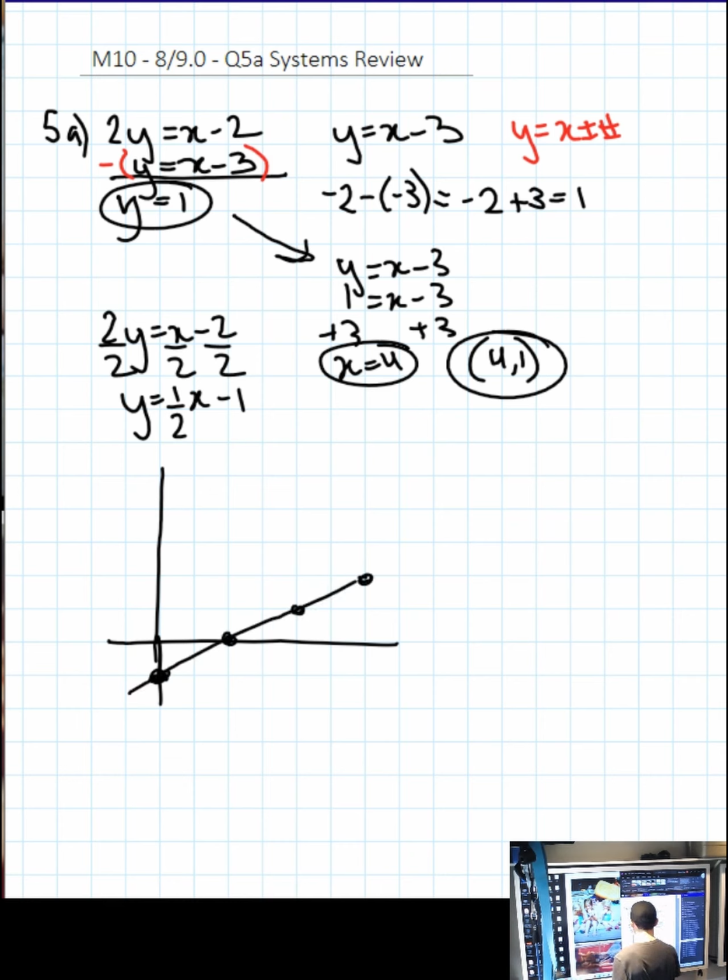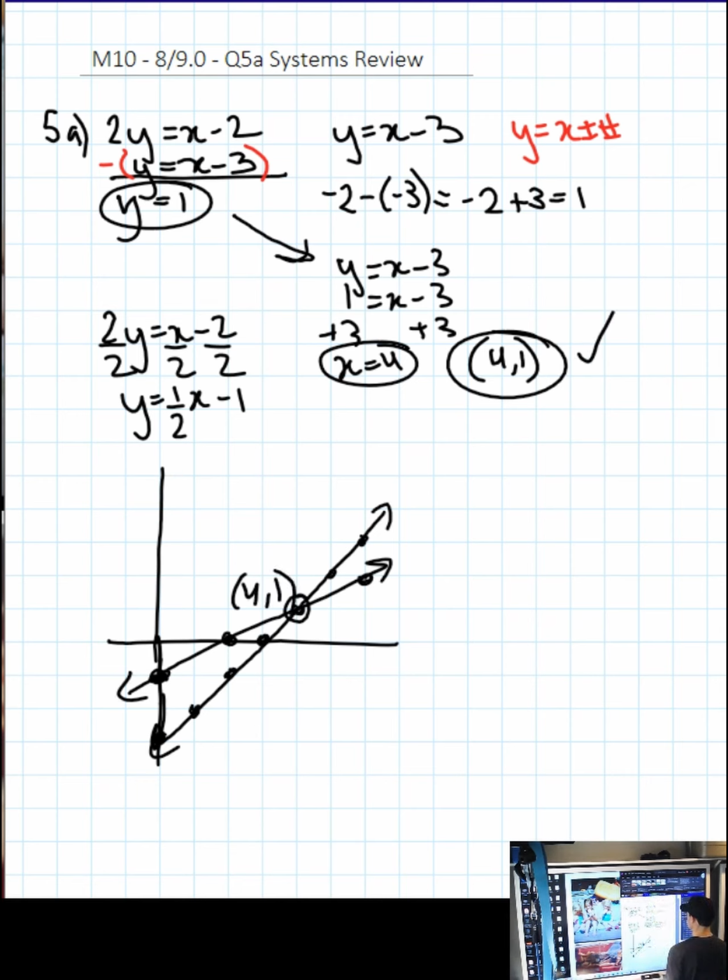Put a line through it. Then we have the other equation, y equals x minus 3. We have a y-intercept of negative 3, and up 1 over 1, repeated across the graph. And we have found the intersection to be 4, 1, knowing that our point is correct, checking by graphing.